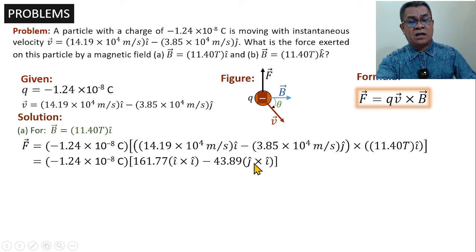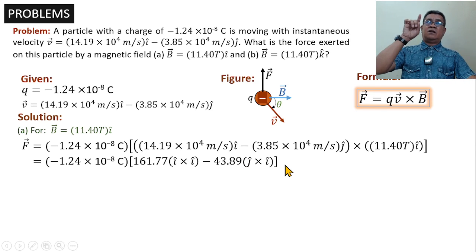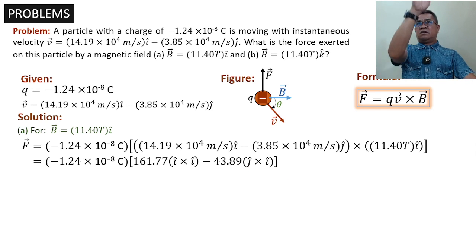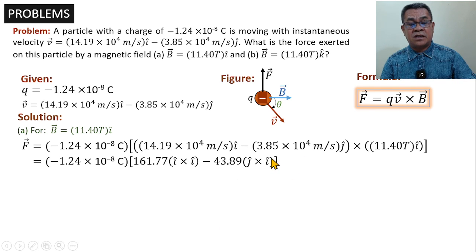Now what is j cross I? If you take j cross I, you can imagine the Cartesian. The rotation is coming from the j, the y-axis, towards x. So it is a clockwise direction. If it is a clockwise direction, then it is negative. So the missing one here is k.